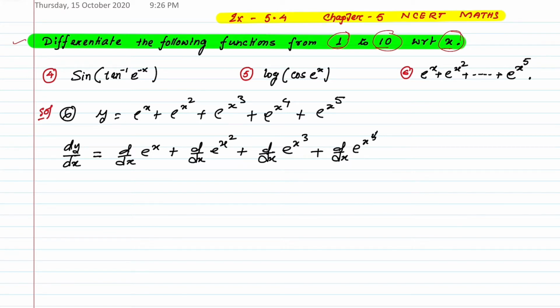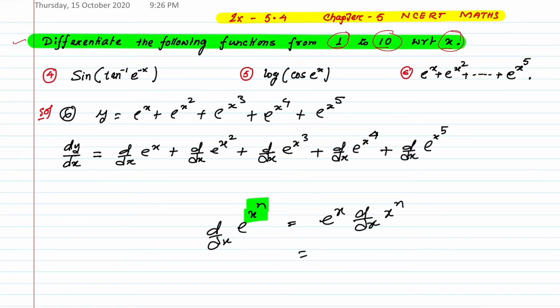Sorry, here it should be 4. Now here, the derivative of e to the power x to the power n: if you differentiate this, assuming x to the power n as x only, then the derivative of e to the power x is e to the power x, and the derivative of x to the power n is n into x to the power n minus 1.